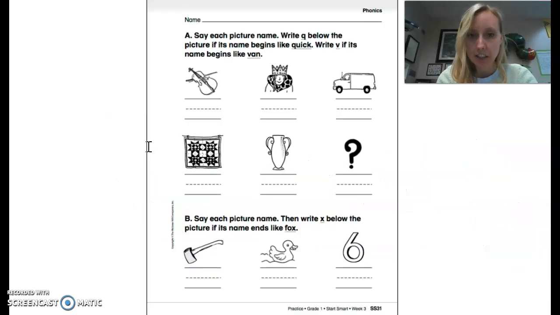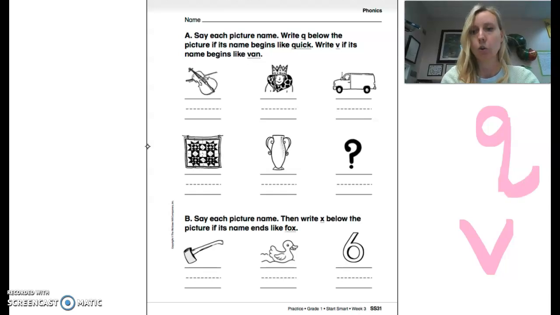Okay, we are listening for qu or v. Violin. What's that first sound? Violin. 3, 2, 1. V. Queen. What's that first sound? Queen. 3, 2, 1. Qu.